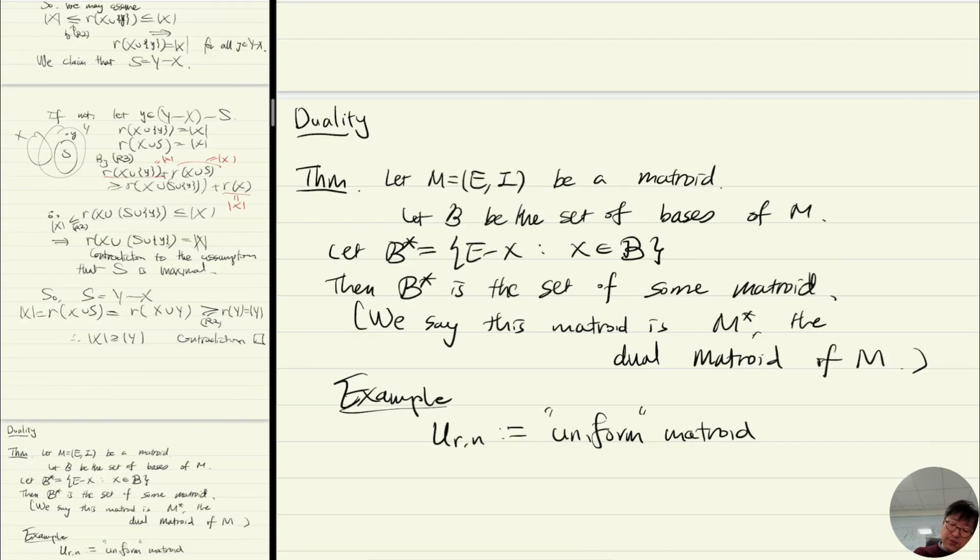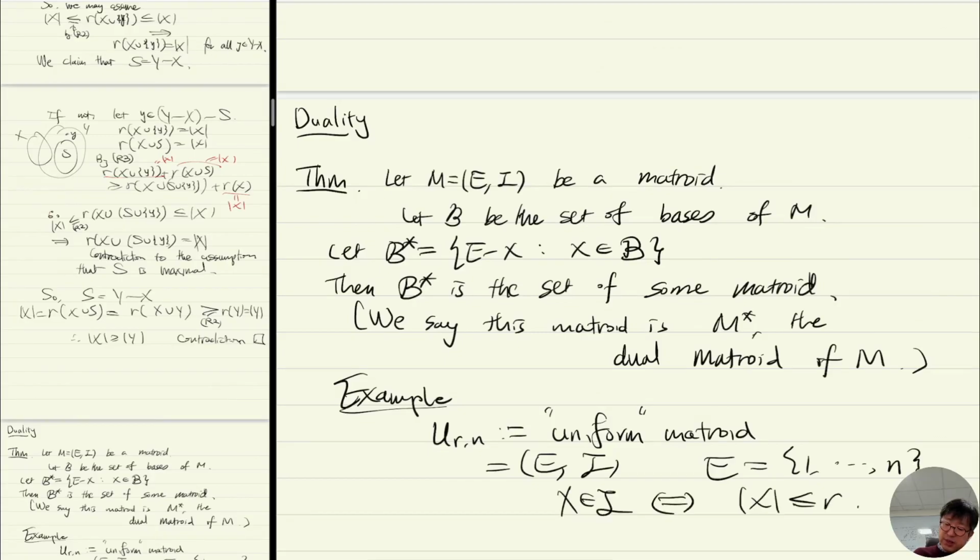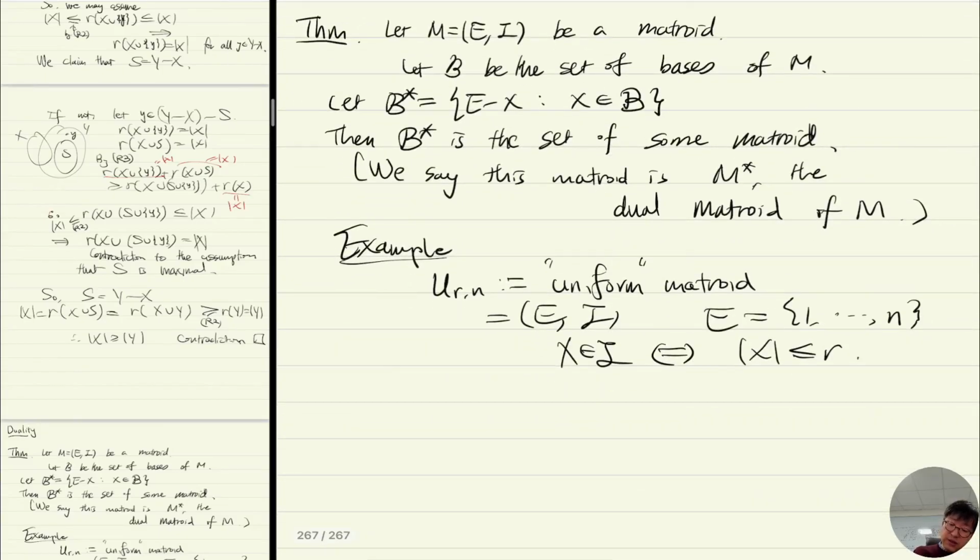It's a pair (E, I), where E is 1 up to n, and a set X is in I if and only if the size of X is at most r. For instance, let's think of U_{1,3}. The ground set is 1 to 3, and the independent sets are empty, 1, 2, 3. That's it. So these are independent sets.